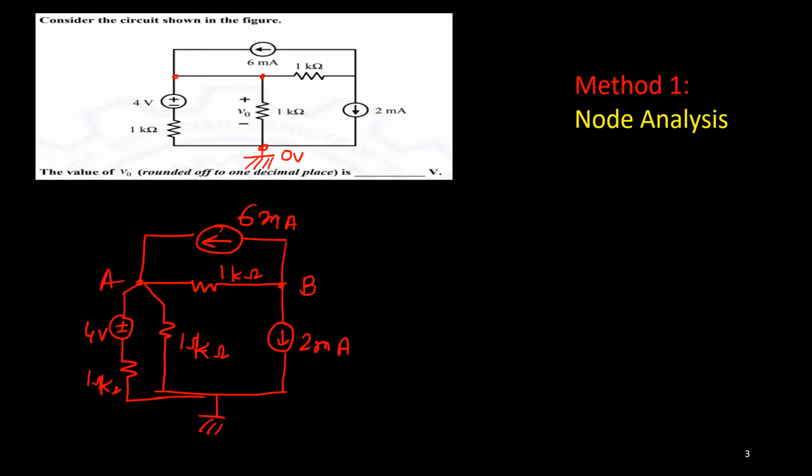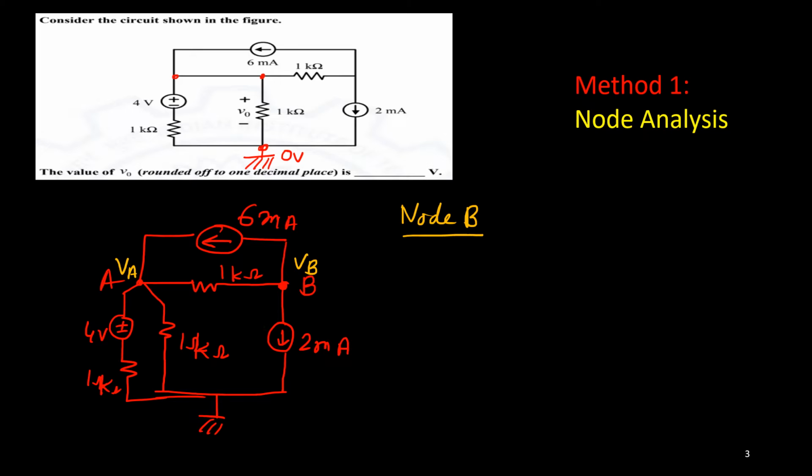Now we'll assign the potentials. This potential is VB, and this potential is VA. At node B, we have two currents, one of 2 milliampere and the other of 6 milliampere.